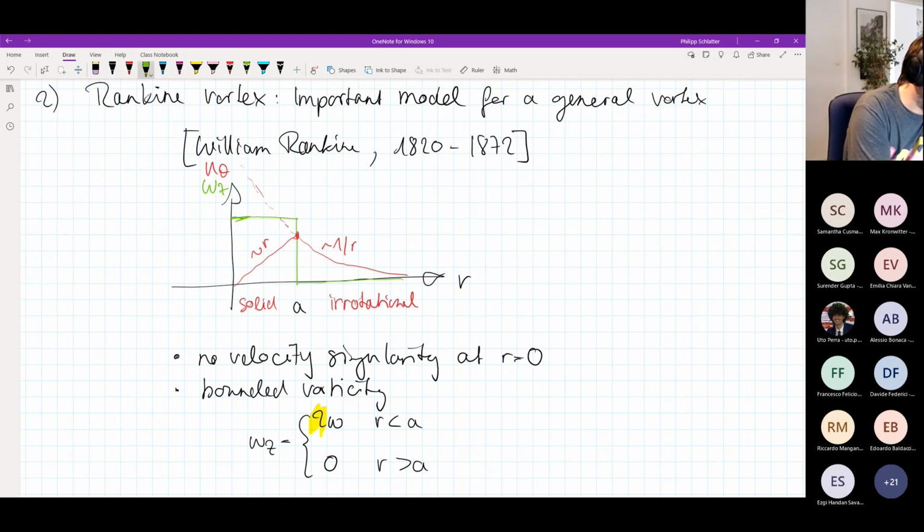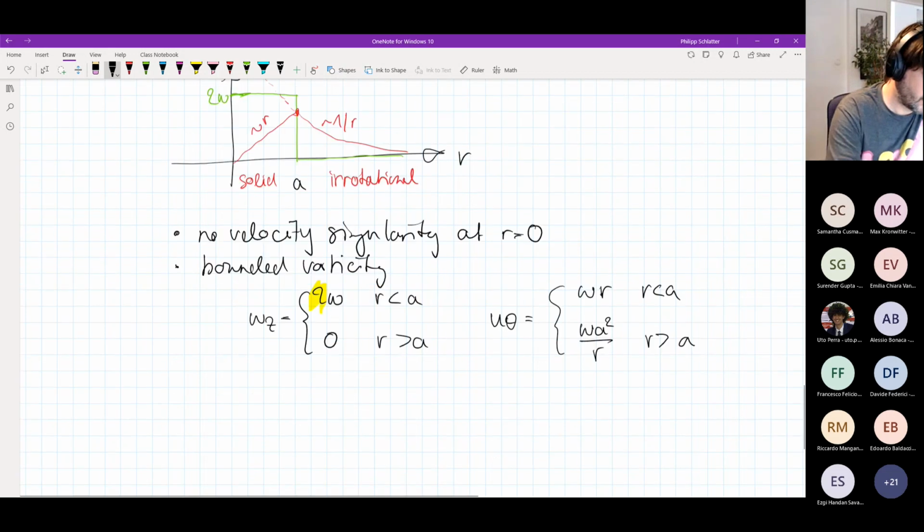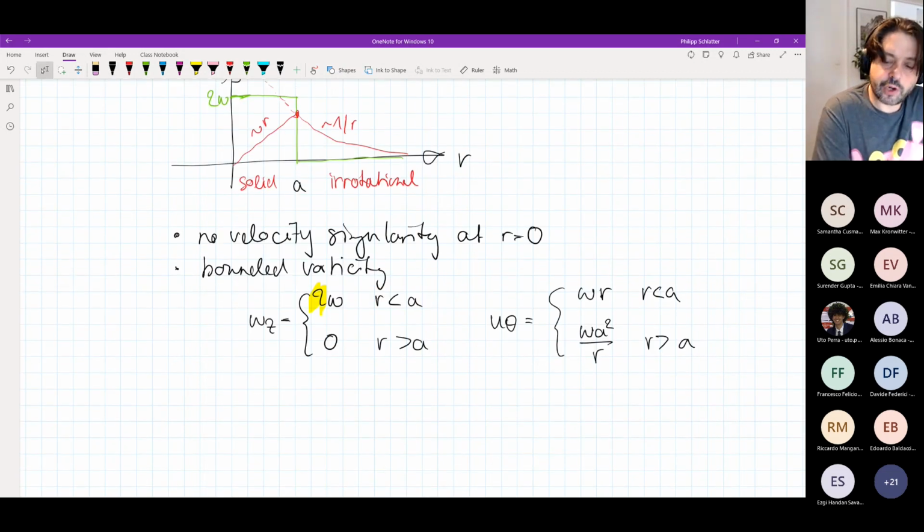So we say that this value here is actually 2 omega for the vortex, because in this case the velocity u theta, which you then can calculate based on the vorticity, will then become directly omega r for r being lower than a, and omega a squared divided by r for r being larger than a. So this is now the velocity field and the vorticity field for a Rankine vortex.